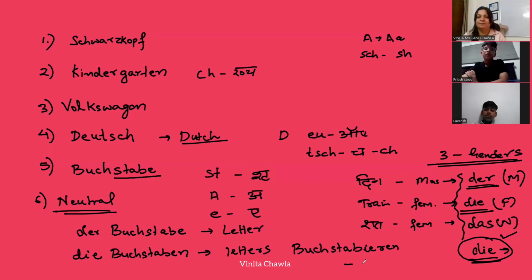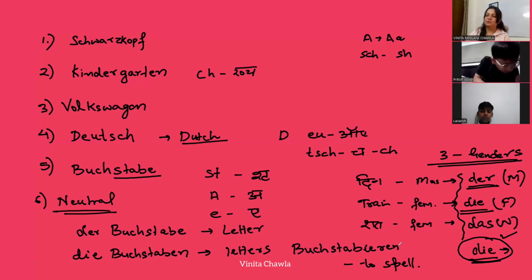Buchstabieren means to spell. So Buchstabe is letter, Buchstaben is letters, and Buchstabieren means to spell. Clear? You can write this word also. To spell, Buchstabieren.